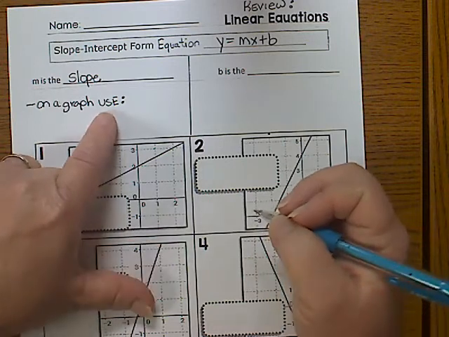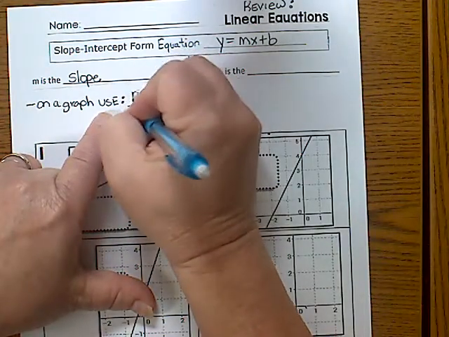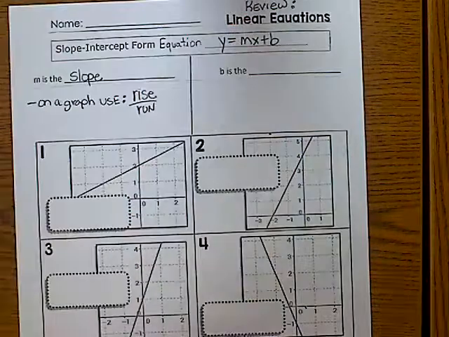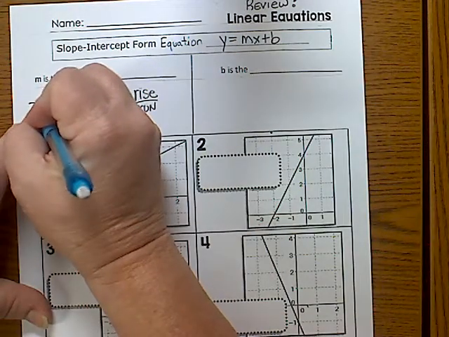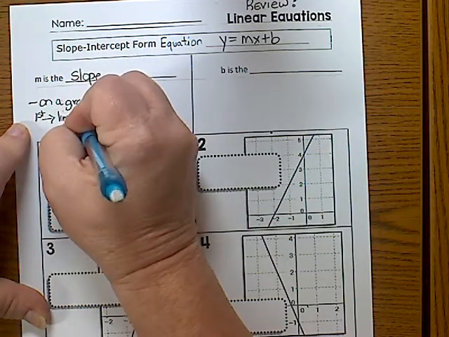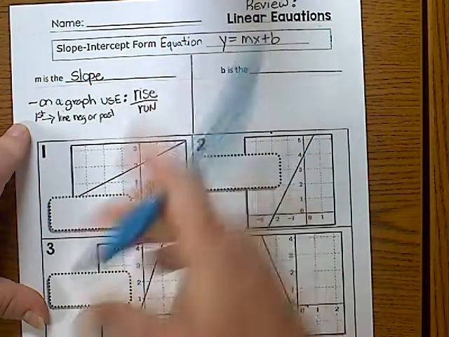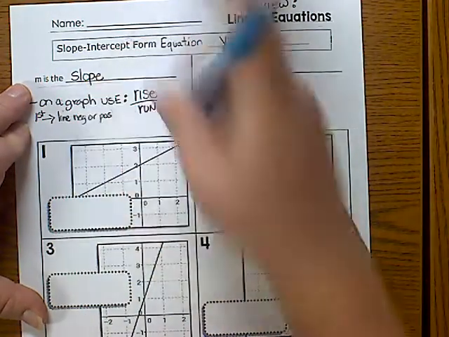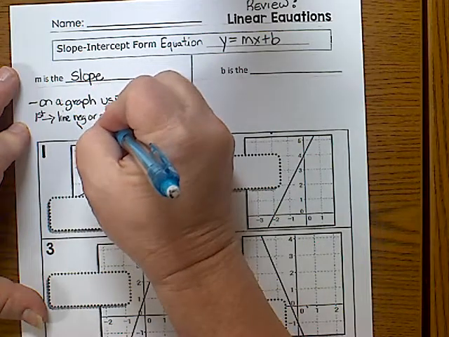On a graph, to find slope, we use rise over run. There are a couple of things we need to do. We need to first make sure if the line is negative or positive. A negative line is going to go down, a positive line is going to go up.